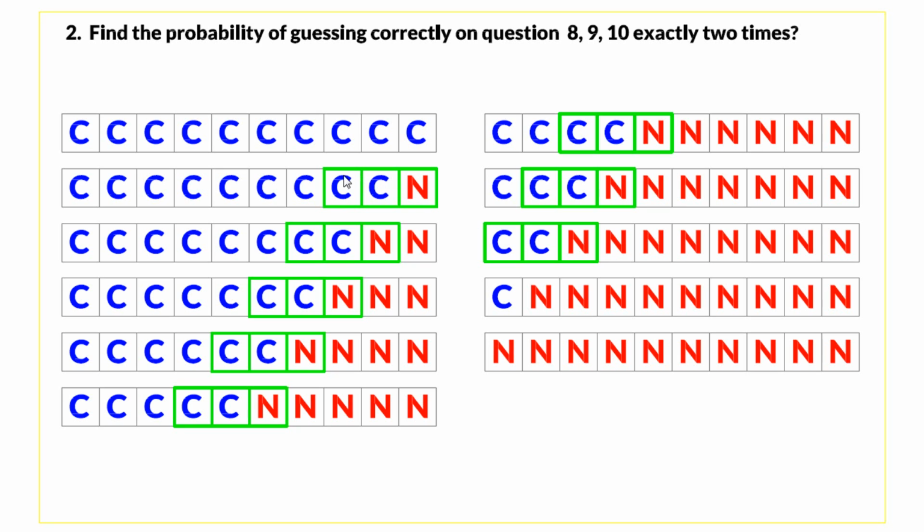So we must have CCN in each sequence we need to deal with. We notice that the first sequence doesn't have that, but these sequences here have it, and the last 2 sequences do not have it.